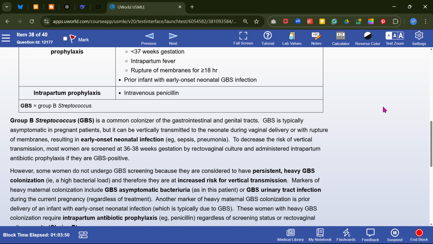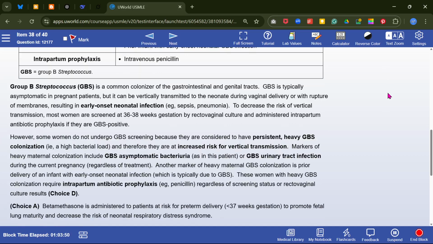Another marker of heavy group B streptococcus colonization is a prior delivery of an infant with early onset neonatal infection, which is typically due to GBS. These women with heavy colonization require intrapartum antibiotic prophylaxis with penicillin regardless of screening status of rectovaginal culture. Okay.